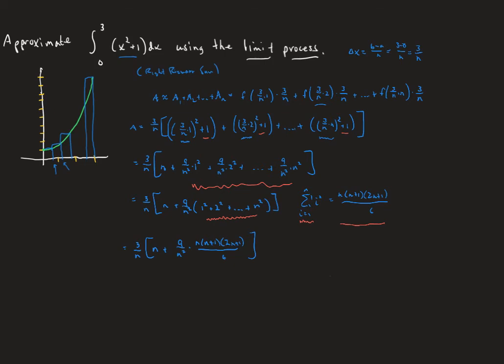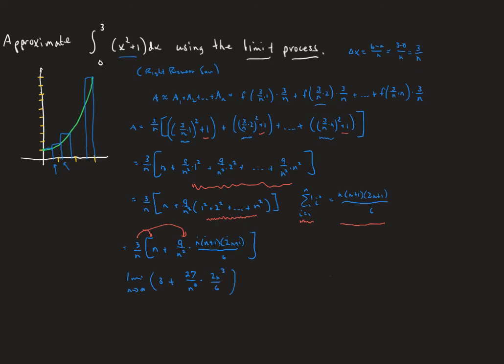So now we get to do our fuzzy math, because we're going to take the limit as n goes to infinity. We're going to distribute this 3 over n. So the 3 over n times n will be just 3, and we'll get 27 over n cubed. All that matters once we take that limit is the highest powers of n and their coefficients.